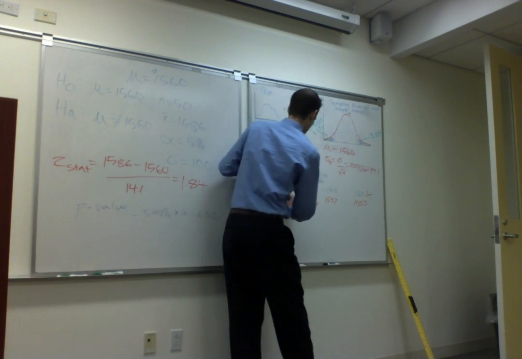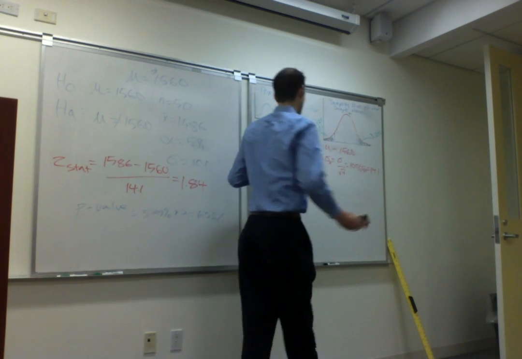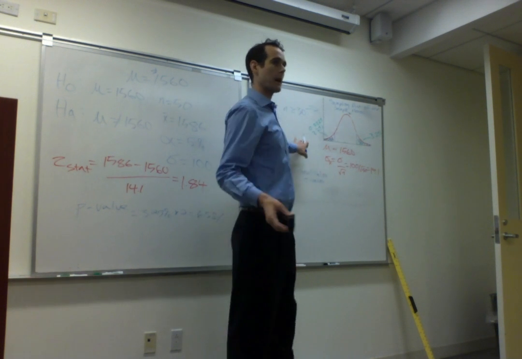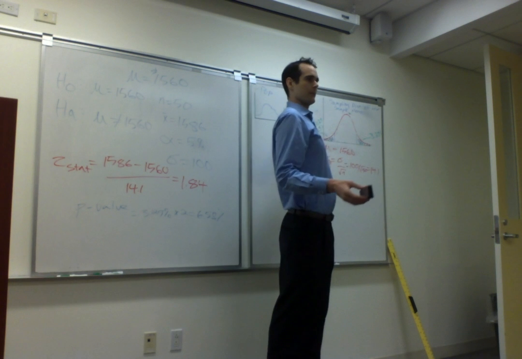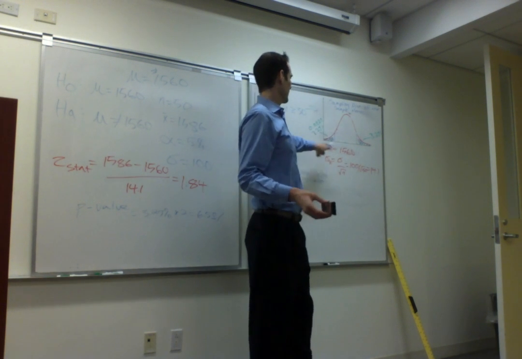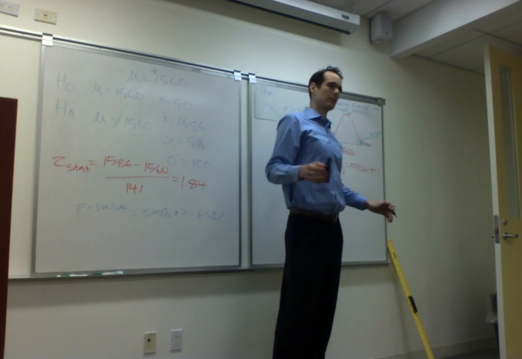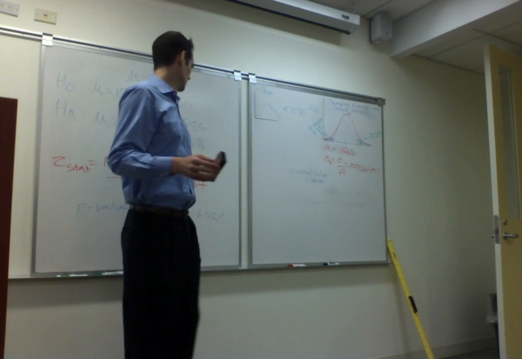So let me erase these numbers. The mean will stay the same because it's still the same population. We're assuming that the sampling distribution of the sample means has the same property of centering around the population mean. The standard deviation will stay the same. What will change are the critical values.